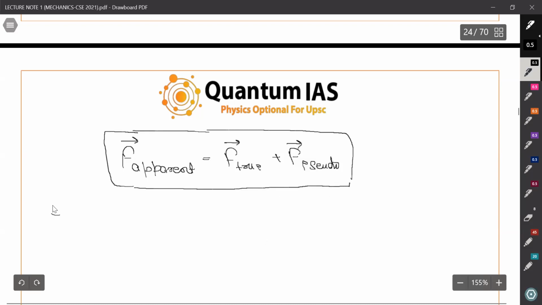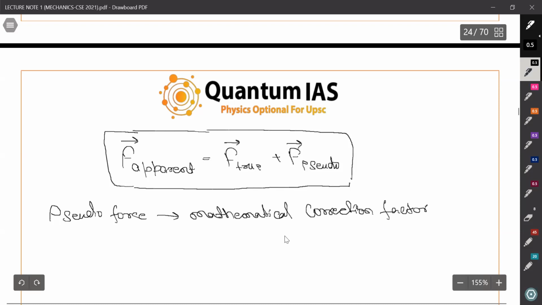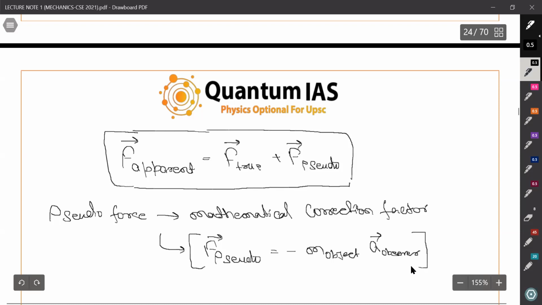We are not going into detail, and we can write F pseudo as minus mass of object into acceleration of observer, because it's just a mere illusion, because the observer himself is moving.